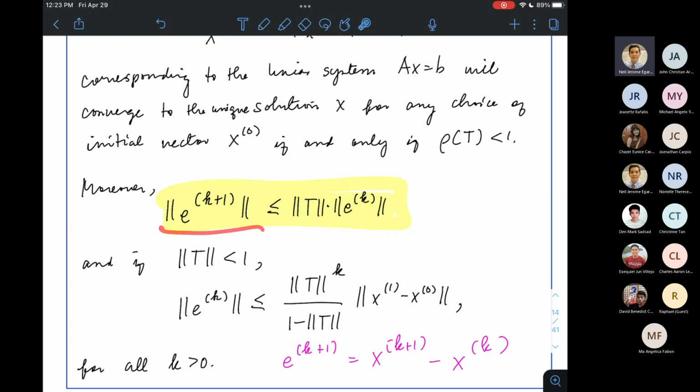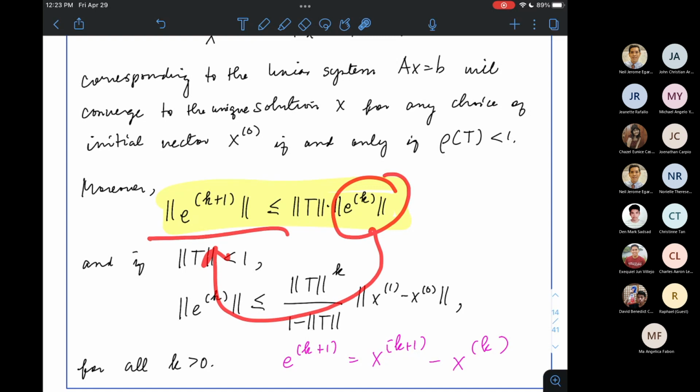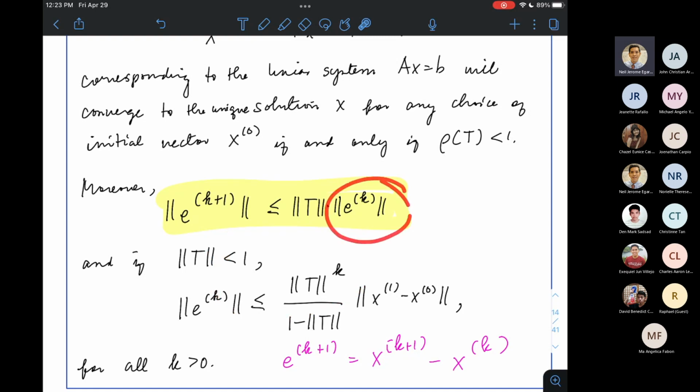Yun nga lang, wala na ako nilagay dito na denominator. But actually, it can be shown that this is divided by, or actually when you divide this, all right, by the magnitude of the vector e upper k, magkakaroon ka lang ng this guy over this guy.